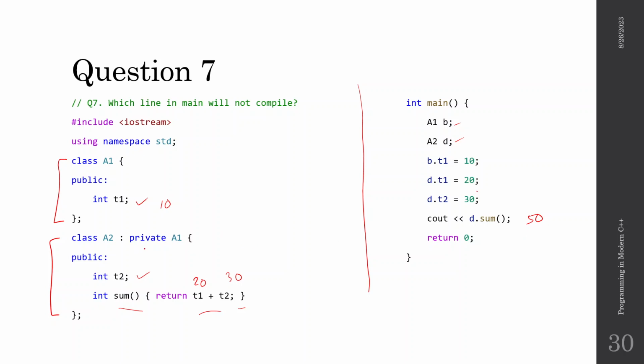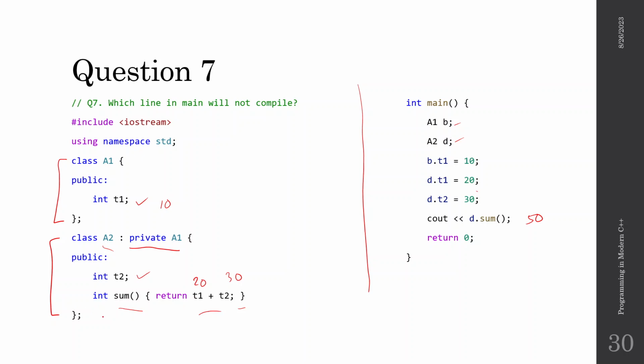The problem is that this inheritance, where A2 inherits from A1, is a private inheritance. Private inheritance means that all of the data members in A1 will be private in A2.